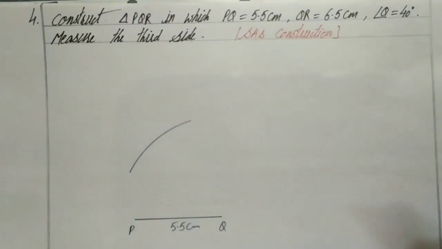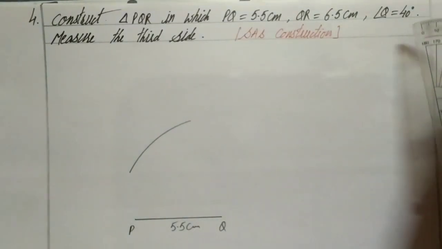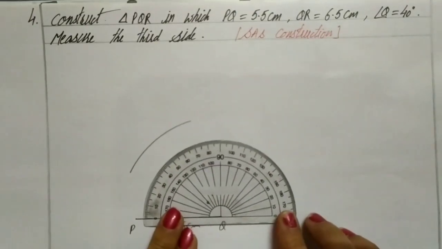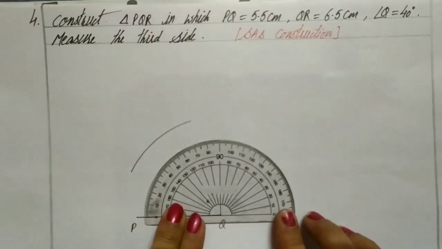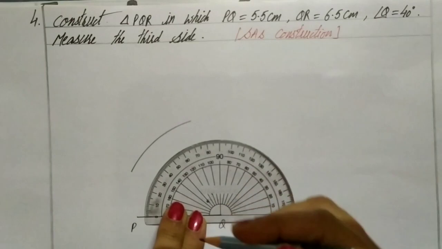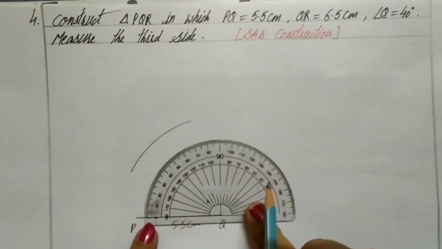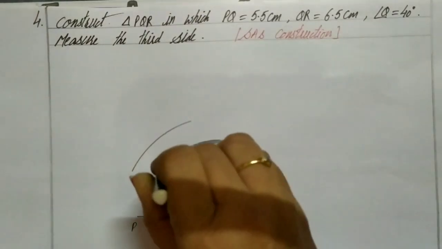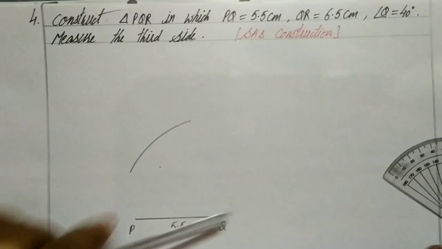Now make an angle of 40 degree at Q. Just put your D at point Q and draw here an angle of 40 degree. Since our 0 is pointing towards the left side, this is 0 and this is the 40 degree angle.